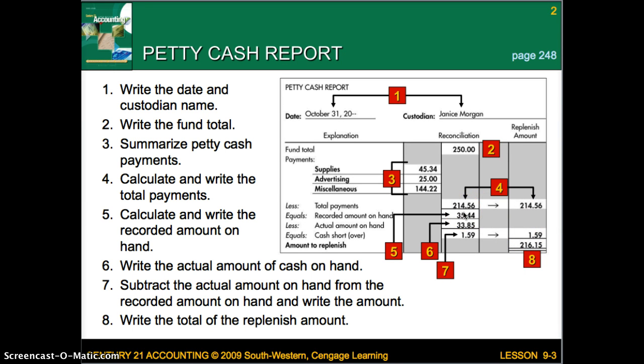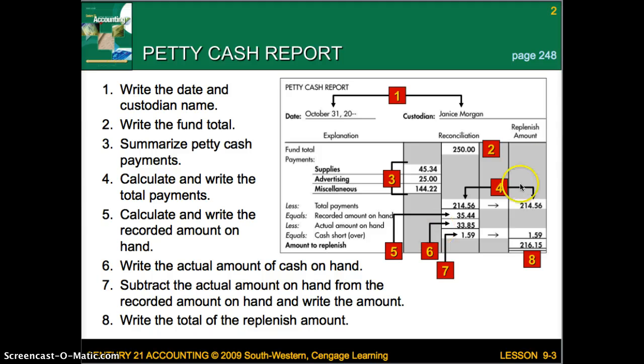We need to write the actual amount of cash on hand. Okay, so we started with 250. We've made these payments. Okay, so we spent 214. We need to actually count the cash that we have on hand.